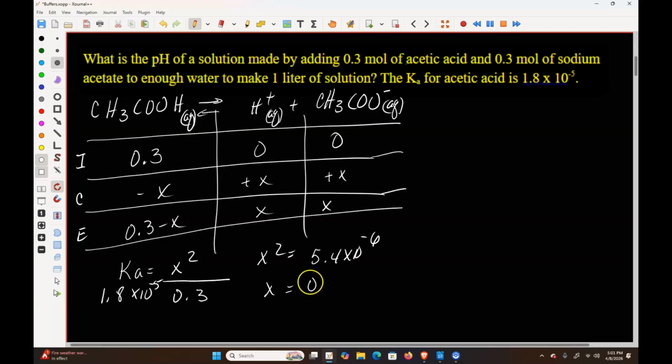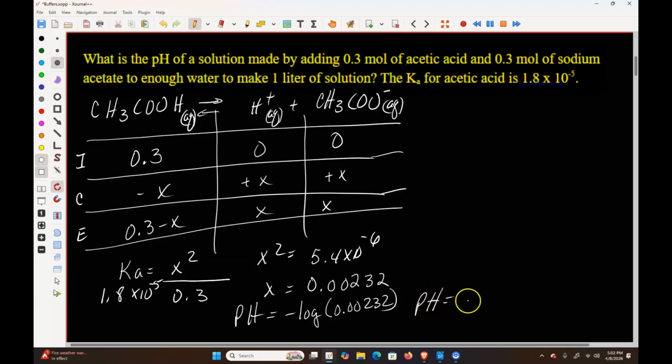So x will be 0.00232. So the pH will equal the negative log of this. So the pH would equal 2.63. Now this is without the sodium acetate.